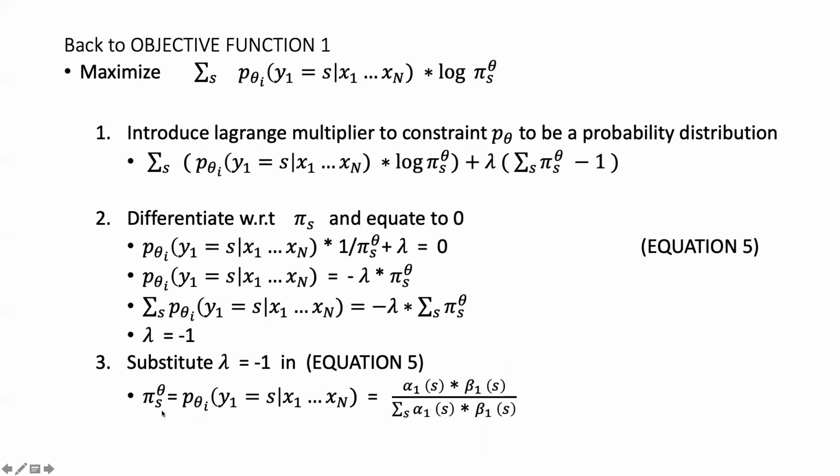So the initial estimate is given by alpha 1 of s times beta 1 of s divided by the normalizing constant. What this means is that this indicates the expected frequency of being in state s at time t1.